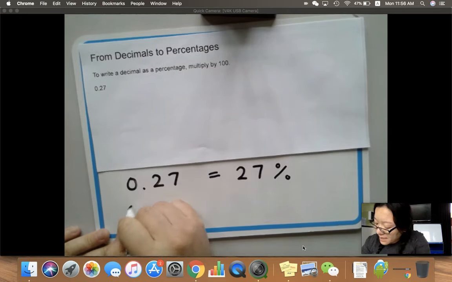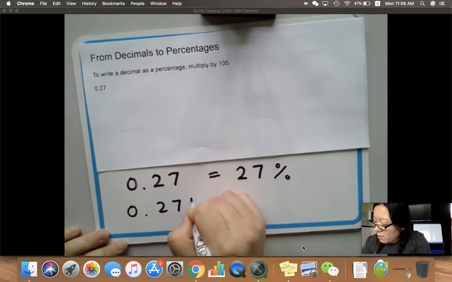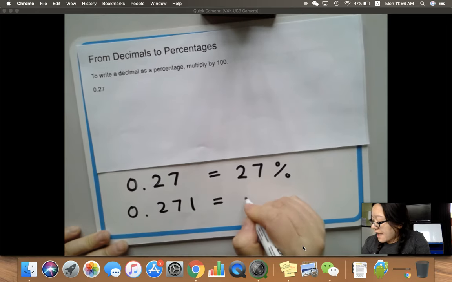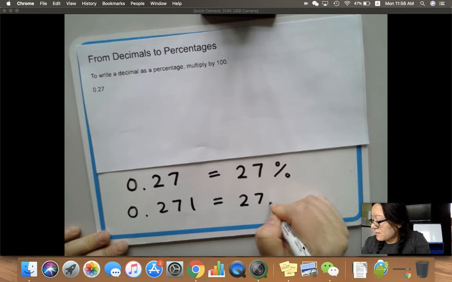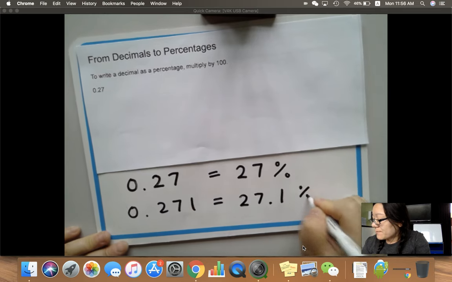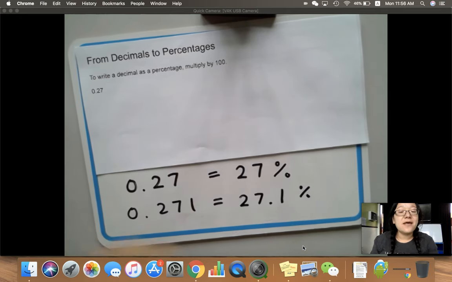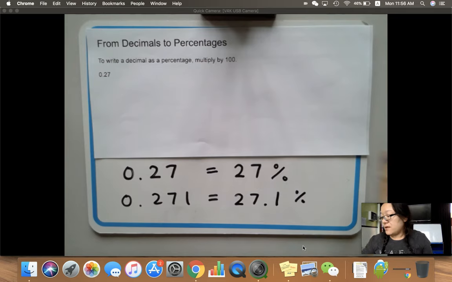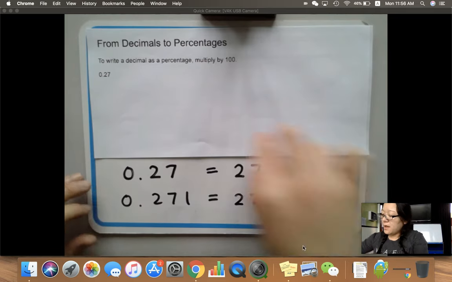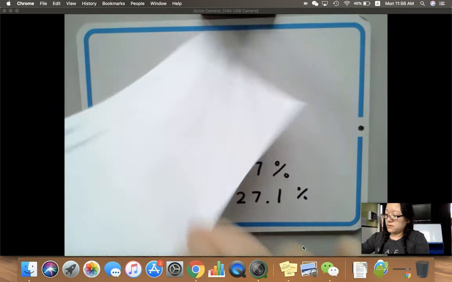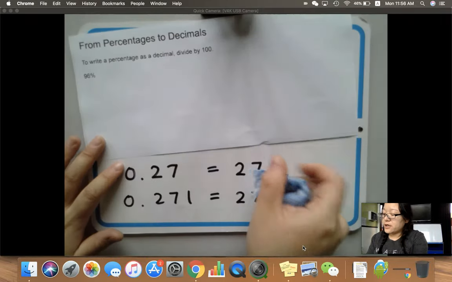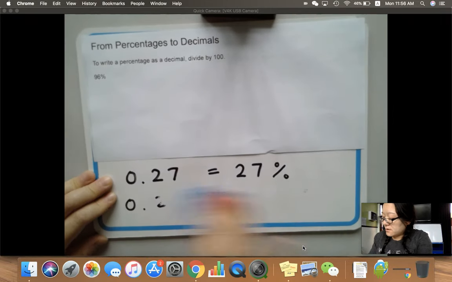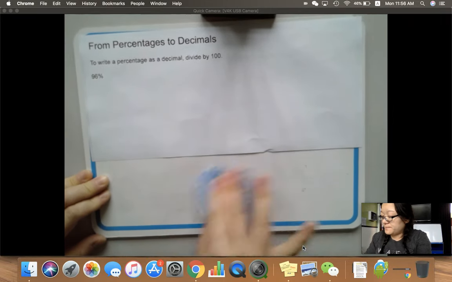If you had a number like 0.271, you would have 27.1%. Okay, so that is a pretty easy way to do it. Now, going the other way is pretty simple as well.